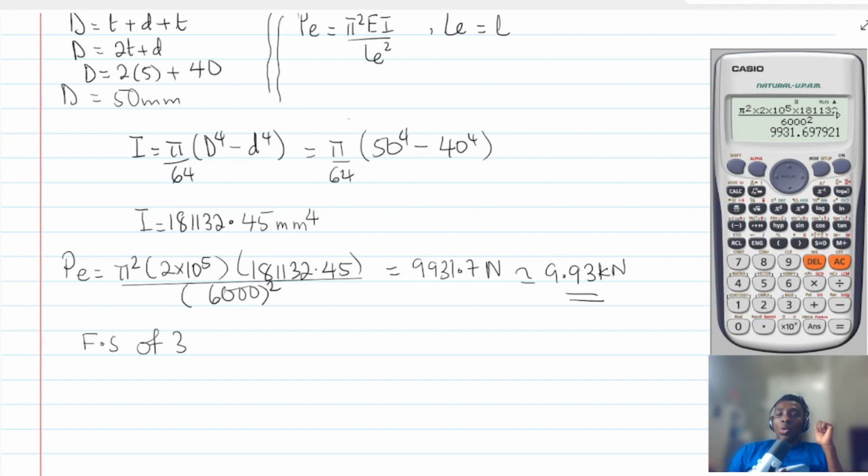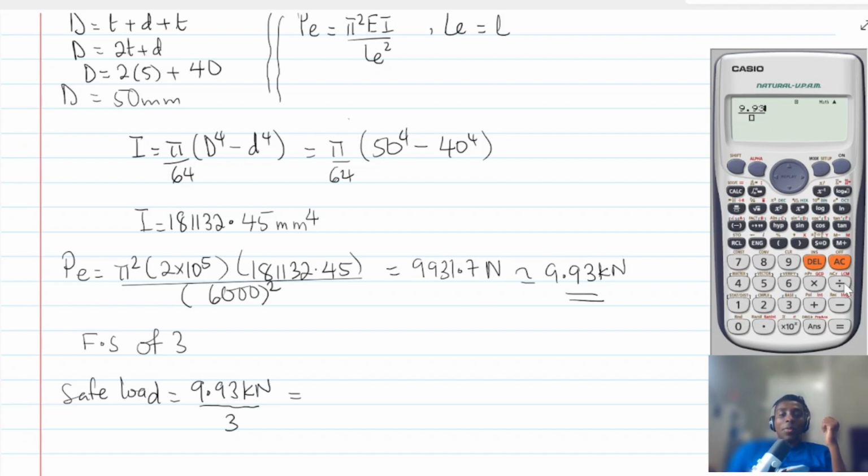So the safe load is going to be the crippling load, which we know is what will cause the failure, divided by 3, so that if we use this design, it means we have used a factor of safety of 3. That's basically what it means.